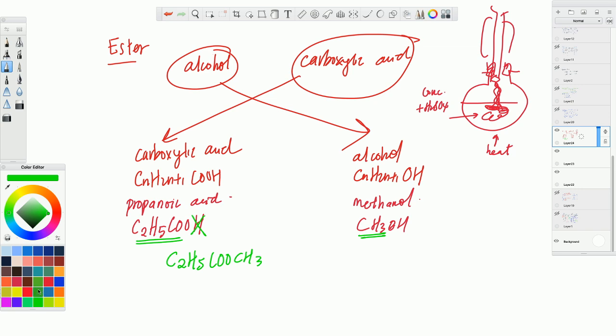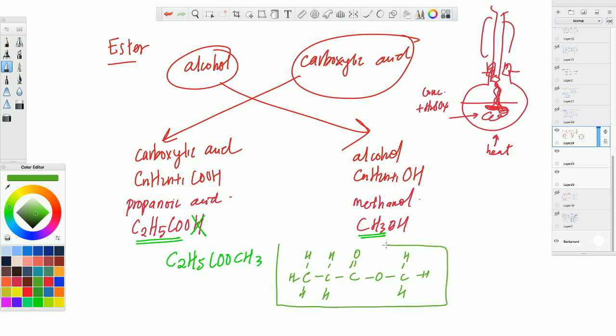C2H5COOCH3. Okay, so this is the ester. That's how you draw it.